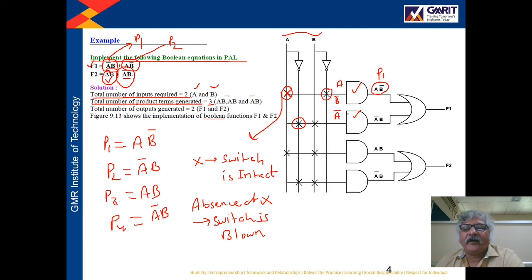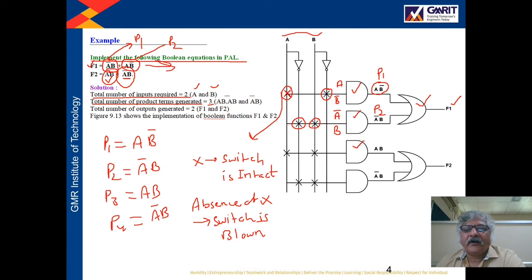So the A bar input is available to the input of this AND gate, and this cross indicates that the B input is available as well. So this AND gate will generate product term number 2, A bar B, and both of these product terms are connected to this OR gate. The output of this OR gate will give us the function F1.